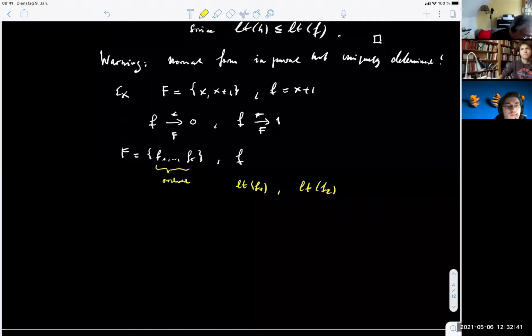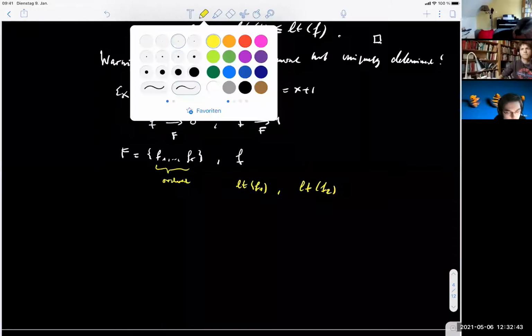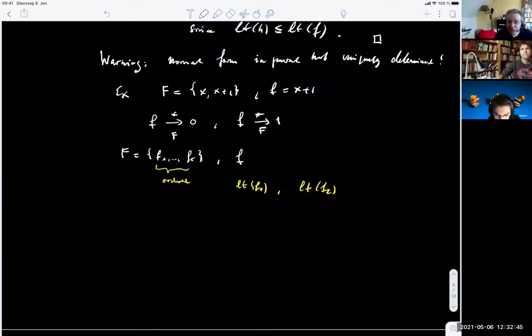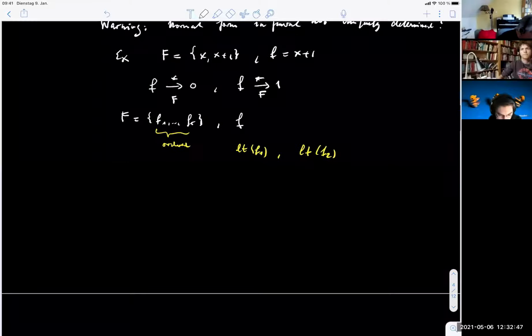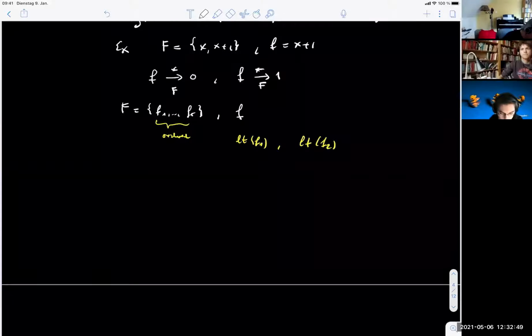It's a little bit cumbersome, but let me write this algorithm in pseudocode, so it will be very clear what we are doing. Writing algorithms always takes a lot of space, but I do it anyway. Now let me state the division algorithm.